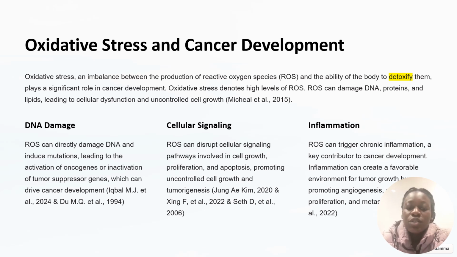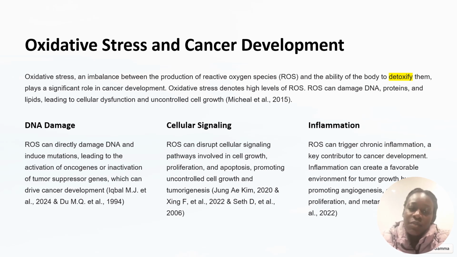So reactive oxygen species can disrupt cellular signaling pathways involving cell growth, proliferation, and apoptosis, promoting uncontrolled cell growth and tumorigenesis. Now, this was elaborated in a study by John M. Kim in 2020, and another study by Singh F. and other authors in 2022, another study by Seth T. and other authors in 2006.